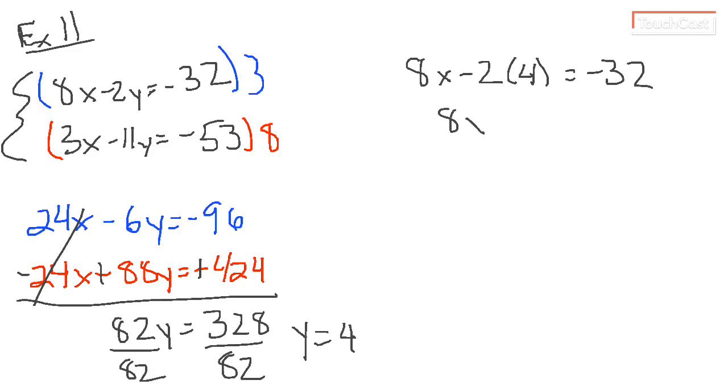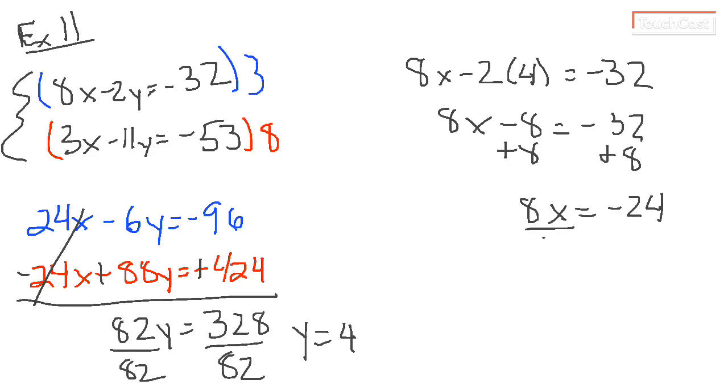So we're going to have 8x minus 8 equals negative 32. If we add 8, we're going to get 8x equals negative 24. Divide by 8, we're going to get x is equal to negative 3. So our ordered pair is going to be negative 3, 4.